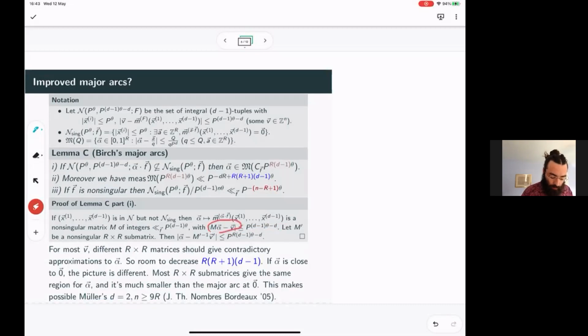And in fact, what will happen in that case is that if this condition forces V to be 0, then most of the submatrices M primed that we might choose will give the same region for alpha. So most matrices are fairly non-singular.